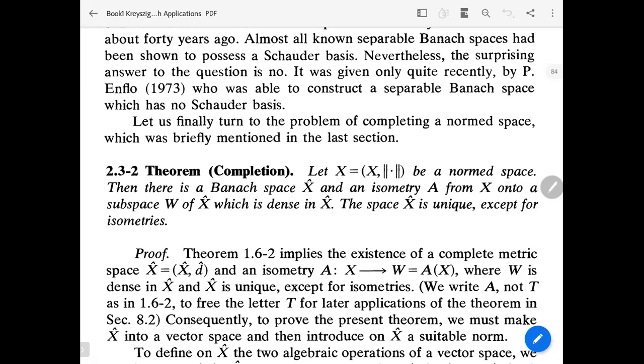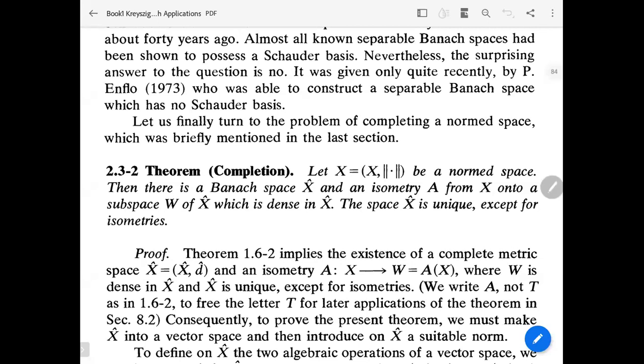That means for every metric space X, there is another metric space X tilde, such that X tilde has a dense subspace which is isometric to the metric space X, and X tilde is complete.